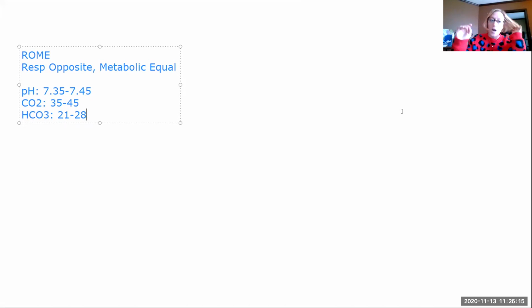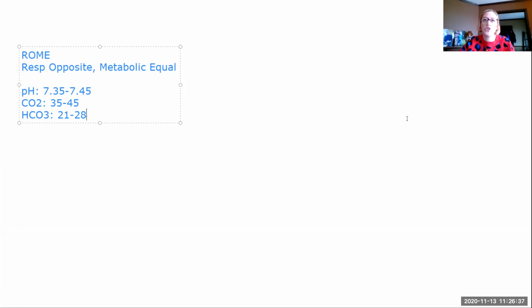Our pH, the lower it gets, the more acidotic it is, right? And the higher it gets, the more alkalotic it gets. So that's why the arrows coincide that way. The higher your pH gets, the more alkalosis. The higher your bicarb gets, the more alkalosis.